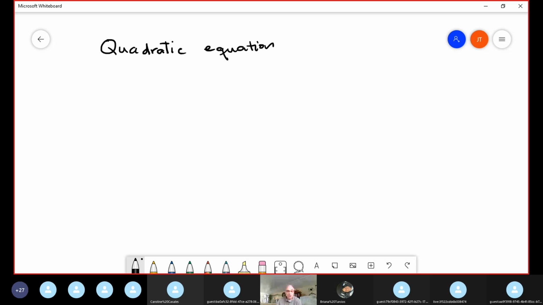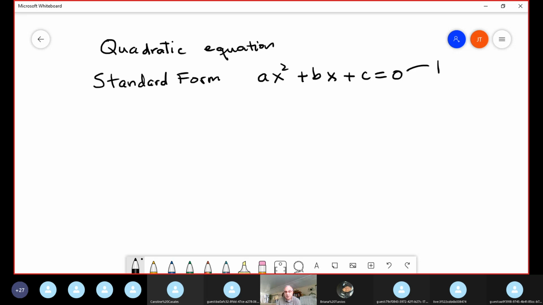Quadratic equation expressed in standard form is something like that. Look, ax squared plus bx plus c equal to 0. So it's standard when the right hand side must be 0.